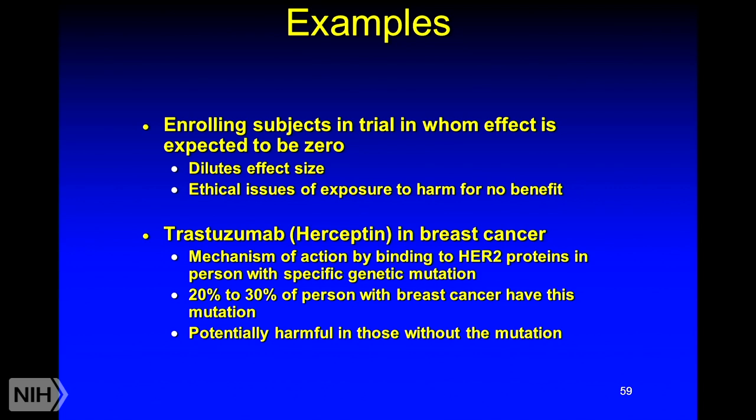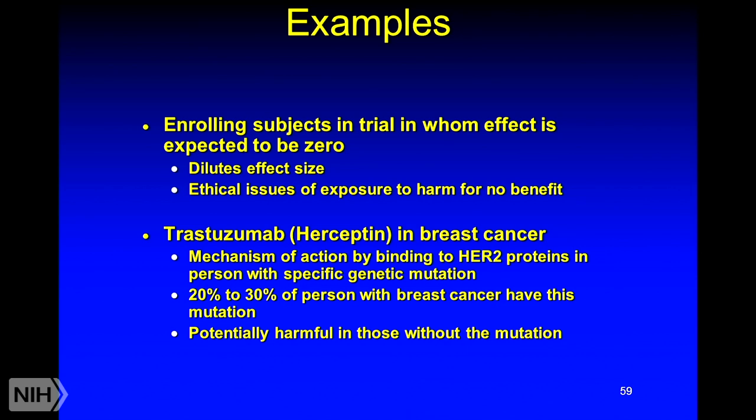So luckily, oncology and cancer drugs have been going this way for some while in terms of developing agents that are more specific to specific types of patients. So for instance, the monoclonal antibody trastuzumab, which is called Herceptin, has been used for breast cancer. It is only effective in people who are HER2 positive and have that specific genetic mutation on their breast cancer, which is only about 20 to 30% of patients with breast cancer.